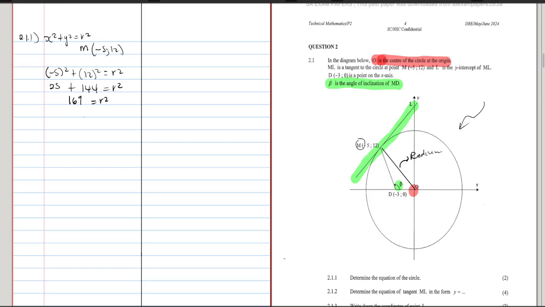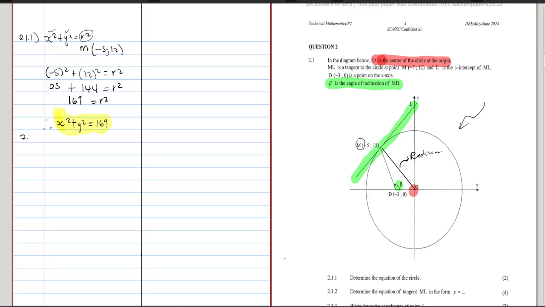We are looking for r squared because I have to leave x as is, y as is, just substitute this value only. So therefore the equation is going to look like this: x squared plus y squared equals r squared, which is 169. That's our answer for 2.1.1.